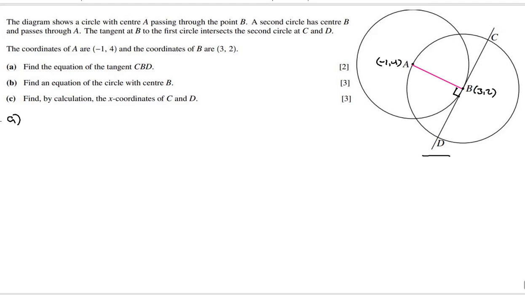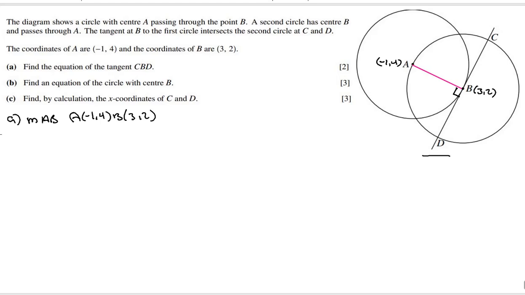Okay, so hopefully you did that. Let's take a look. If I'm going to find the slope of AB, it's a good idea to label everything, because you never know when you're going to have to do it again. So I've got these points, A is (-1, 4), and B is (3, 2).